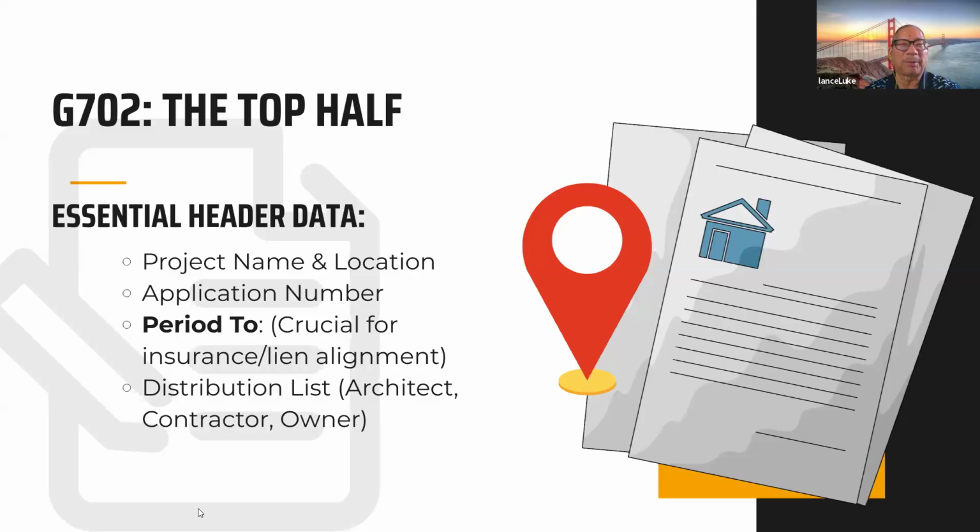The other important criteria for this document is that there should be a distribution list. Who gets a copy of this pay application is normally the contractor who's submitting it, the architect, and the owner or construction manager. Okay, there could be other people on the list, such as your construction lender, if you have one, or if it's a condo association, maybe the property manager or maybe the condo board.